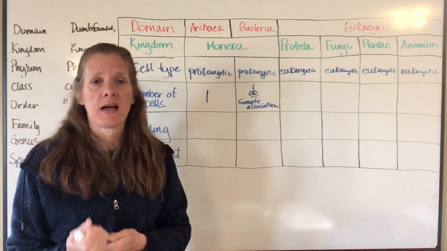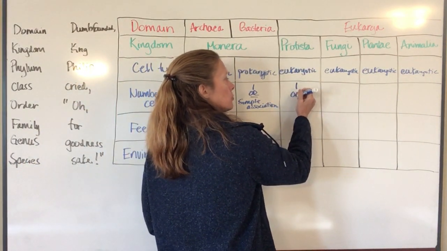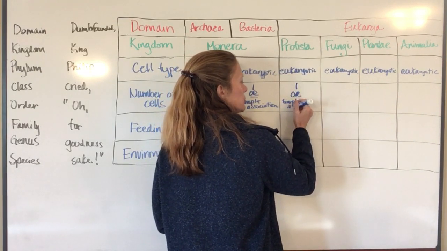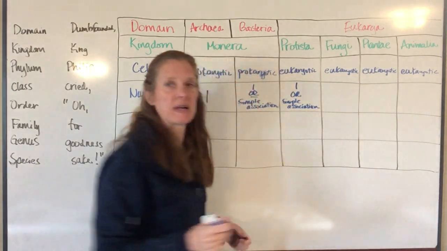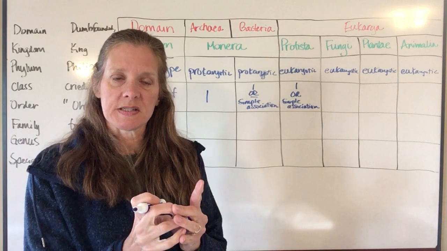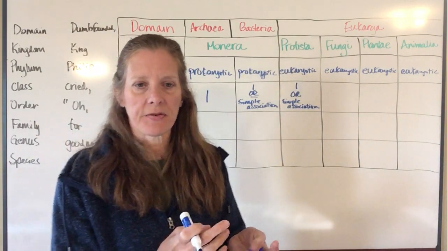Kingdom Protista is going to be the same way. It's going to be a lot of single-celled organisms, or there may be a simple association of cells living together. But again, each individual organism is only one cell, and it must perform all of the functions of life in order to survive.